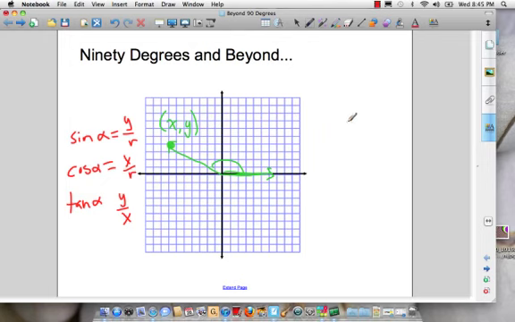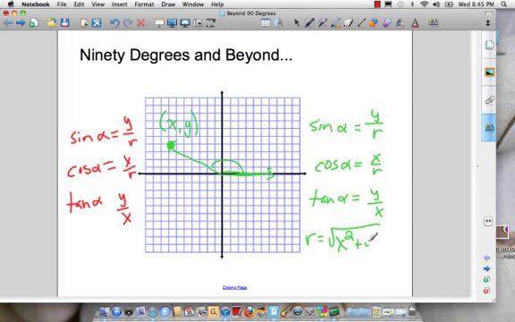I'm going to define the trig functions for this obtuse angle exactly like I did in red with the acute angle. The sine of alpha will be y over r. The cosine of alpha will be x over r, and the tangent of alpha will be y over x, and r is again the square root of x squared plus y squared, because we're looking at this length right here, and you could look at this right triangle right here.